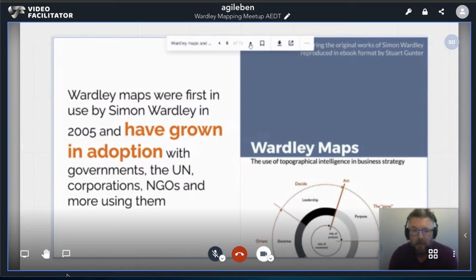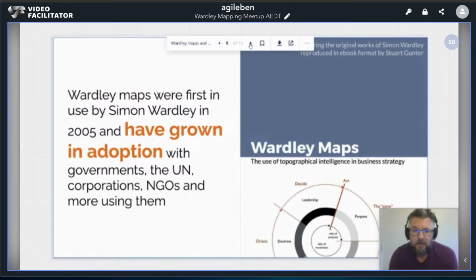Wardley Maps were first in use by Simon Wardley as early as 2005, building on ideas that he and some of his colleagues had before even then, and have over the last 15 years grown in adoption pretty remarkably, with adoption by governments, the UN, many corporations, NGOs, and more and more businesses.